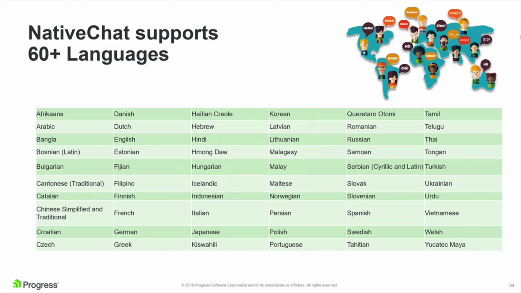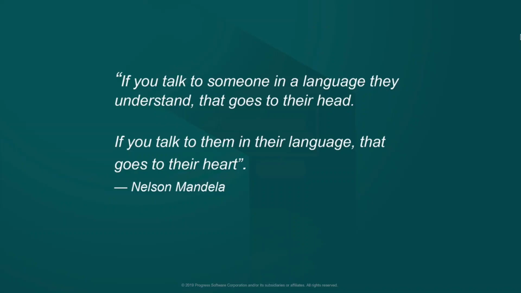Having multi-language support matters in the chatbot world. Leveraging a chatbot that supports the top 10 languages will allow conversations with more than 3 billion people. When you're developing a chatbot for a local community, having support for their language is a must. I've chosen a quote from Nelson Mandela to illustrate this must-have feature.